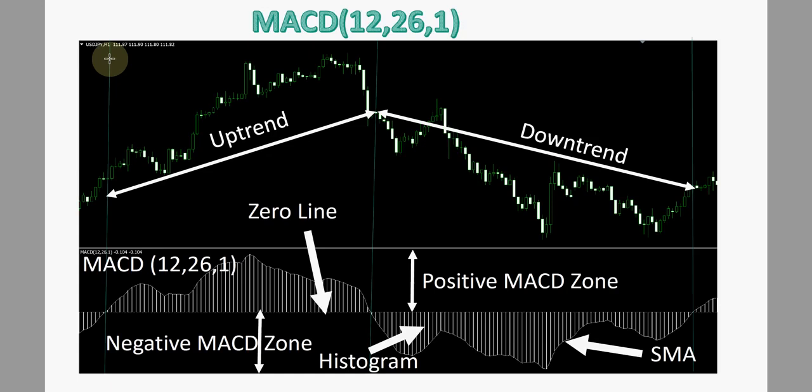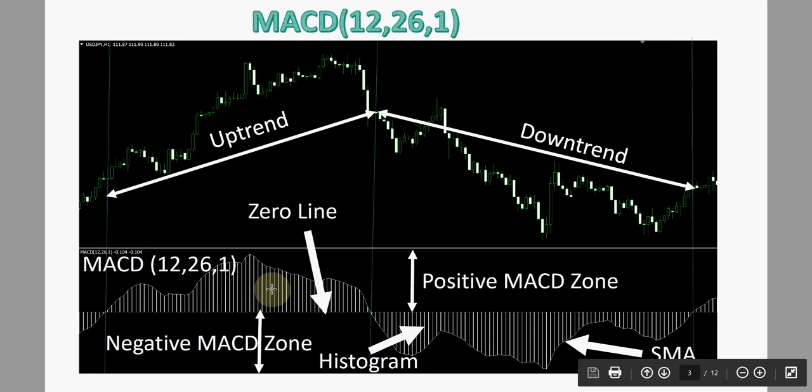Okay, so this is the first MACD setting that we will use. We call this one the big MACD, and we make use of a white color for it. So the setting is 12, 26, 1. So you see it has a histogram, as we have discussed.